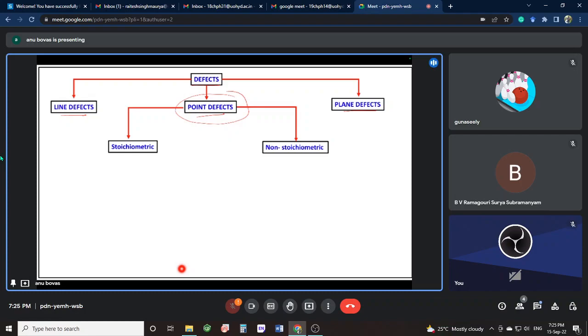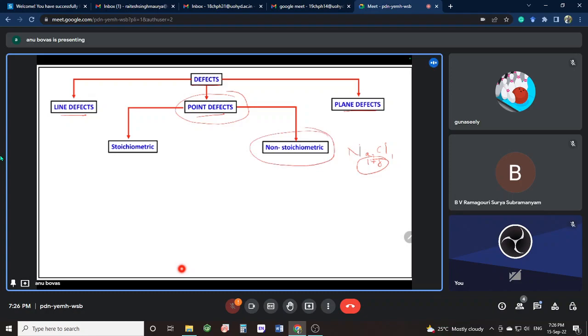Whereas in the non-stoichiometric case, in NaCl, maybe there can be an excess of metal or a deficiency of metal, which will cause a deviation. It is not in a proper stoichiometric ratio of 1:1. A little excess or a little deficiency can be there, which will cause non-stoichiometry for the crystal, and this is the second category of the point defect.